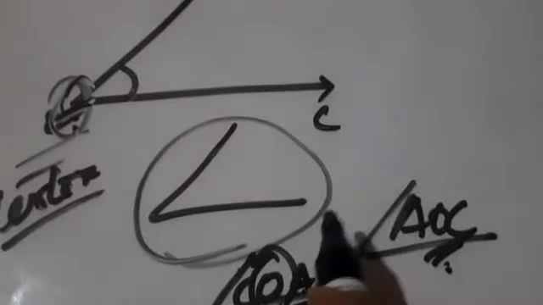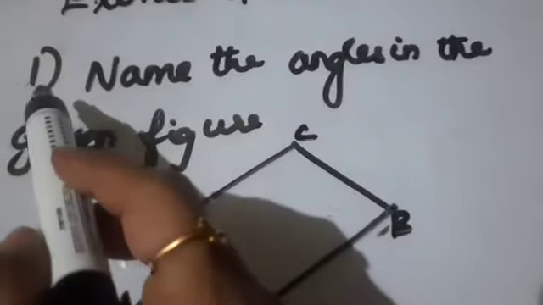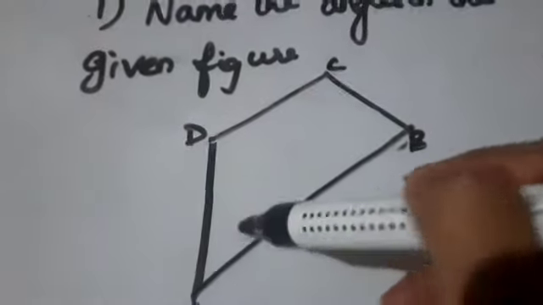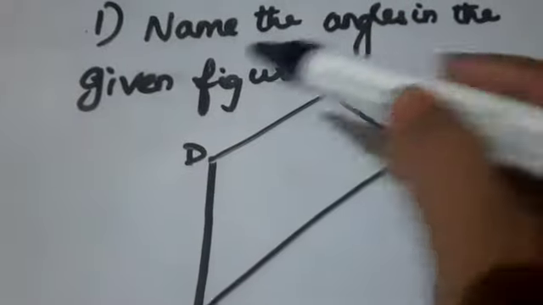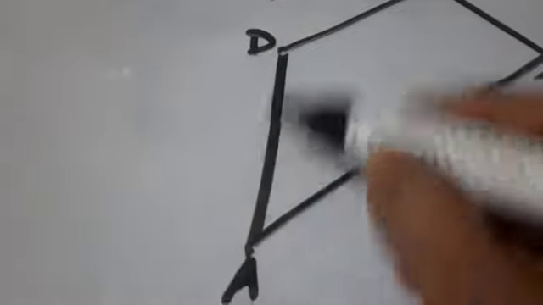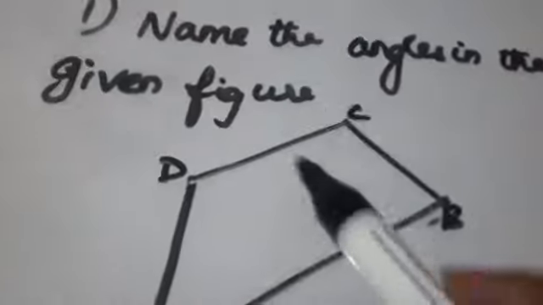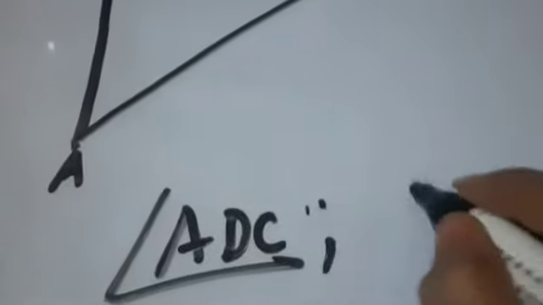Now let's solve the exercise problem based on angles. Exercise 4.3. The first problem: name the angles in the given figure. See here, a figure is given and they have marked points on the four sides. Then they have asked you to name the angles formed in this figure. First angle is ADC. Then the next angle formed is DCB.